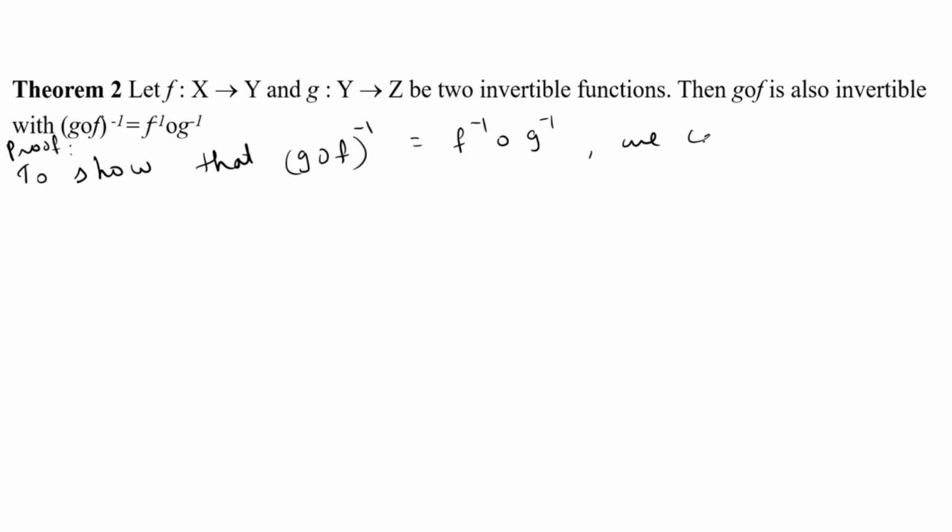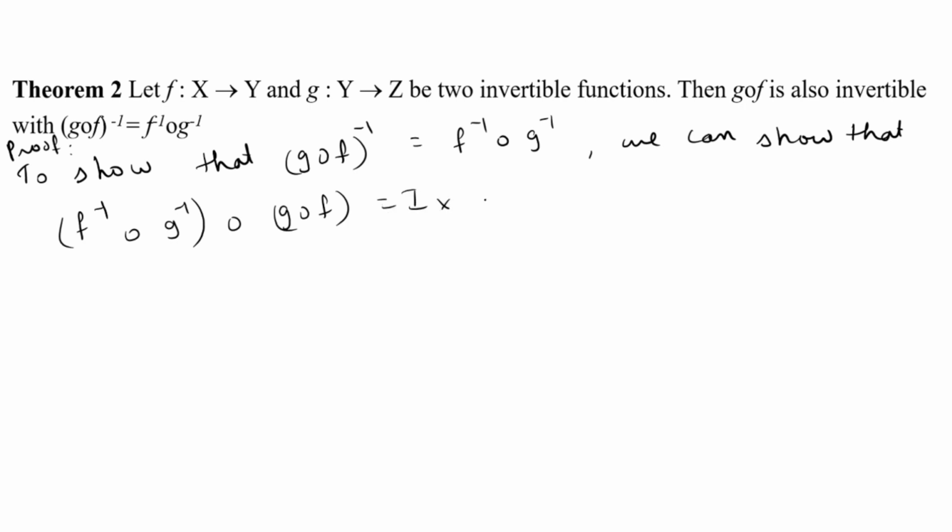We can show that f inverse of g inverse of g of f is equal to the identity function in x, and g of f of f inverse of g inverse of z is equal to the identity function in z.